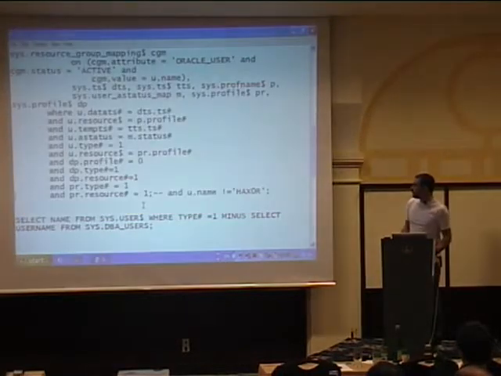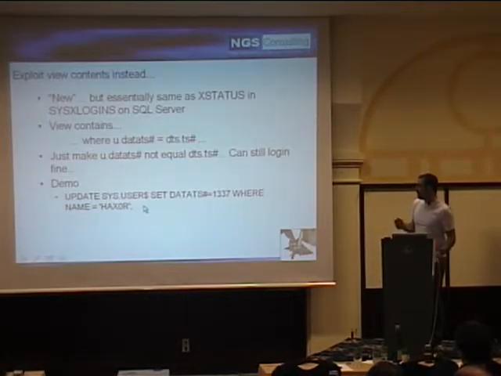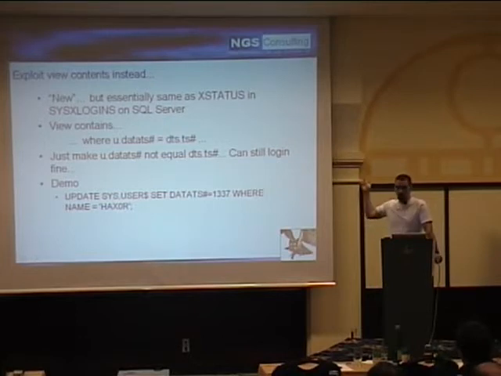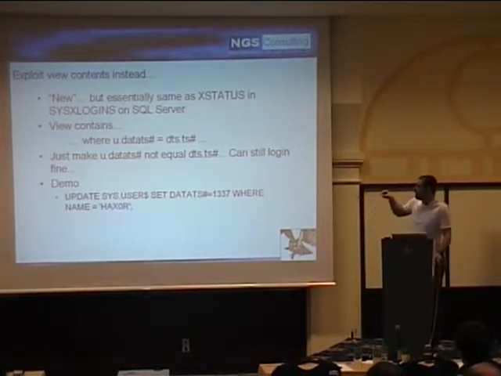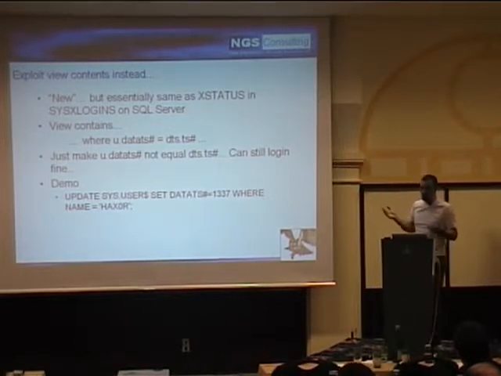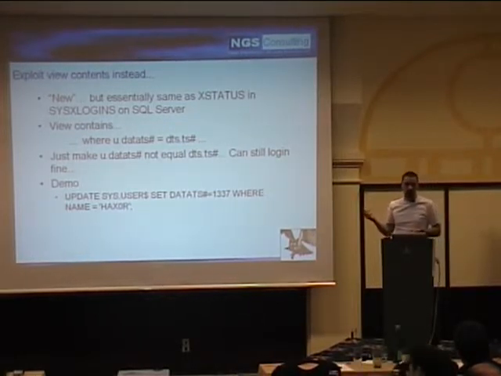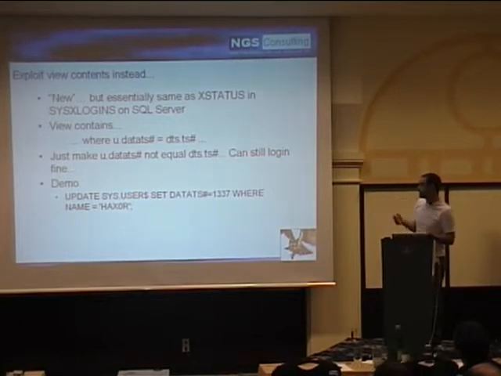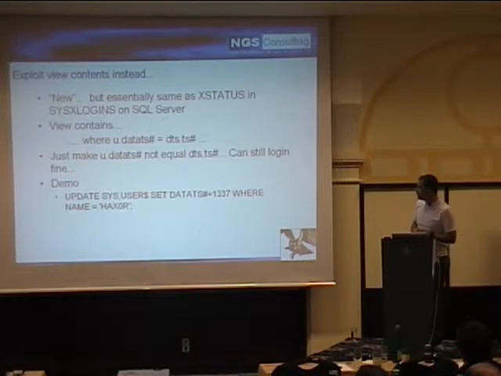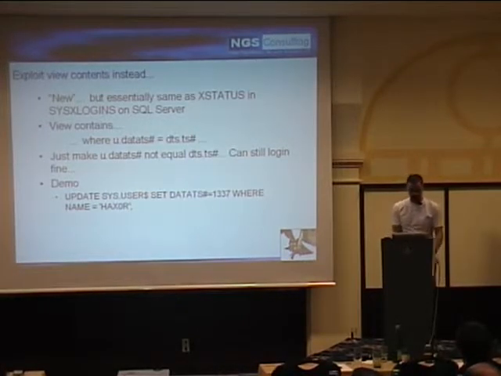Okay, so rather than modifying the text of the view, we can simply manipulate the view's contents so that the account disappears. Now, I say this is a new method, but it's not really new. This is exactly the same thing in Oracle that we did with XStatus in SQL Server. It's abusing the view's content itself to make the account hidden.